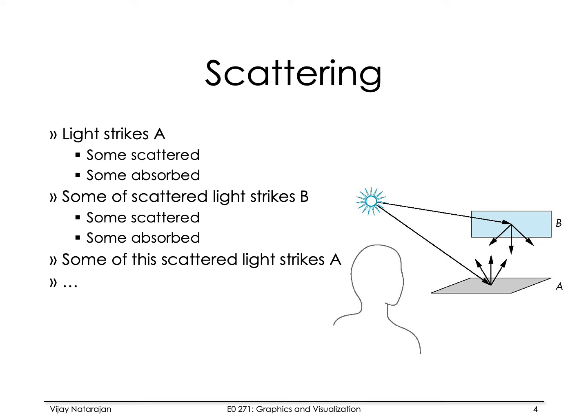So you can see that this is an infinite sequence of scattering where the intensity of the light keeps reducing over subsequent scatterings. So this procedure is what produces the final effect that we see.